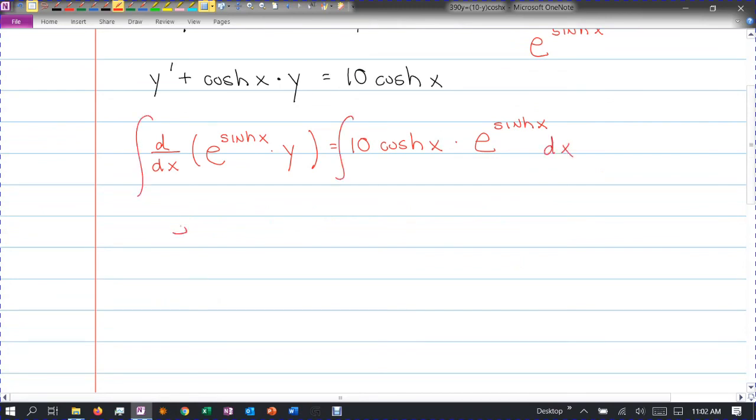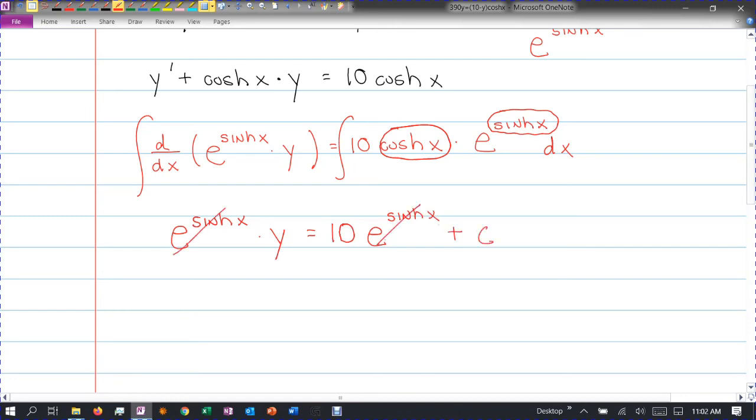Left side's e to the sine hyperbolic x times y equals, over here, this is basic u-sub. There's your u. The derivative of that is right there. You got a 10 there, I can just pull that out. So it's really like e to the u du. So the antiderivative is just e to the u, which is e to the sine hyperbolic x plus some constant, and then I divide through by sine hyperbolic x.